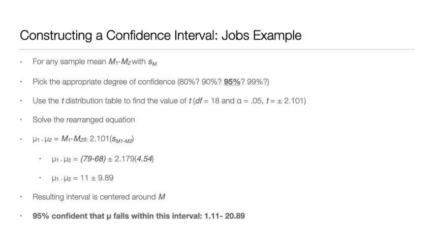So we're 95% confident that there is a difference between expressive writing and neutral writing in terms of physical health, and the difference between those population means is somewhere between 1.11 and 20.89, 95% confident.